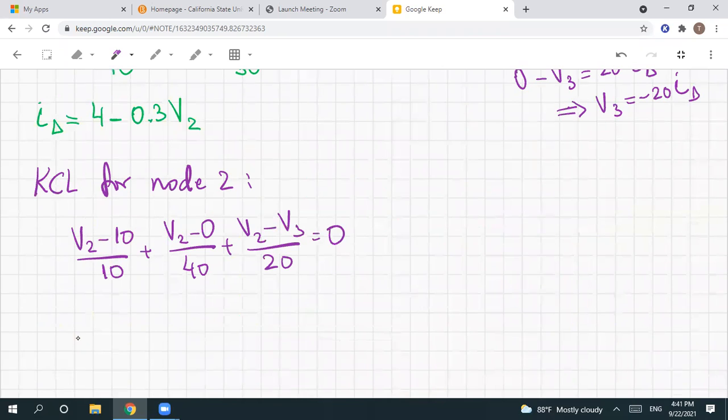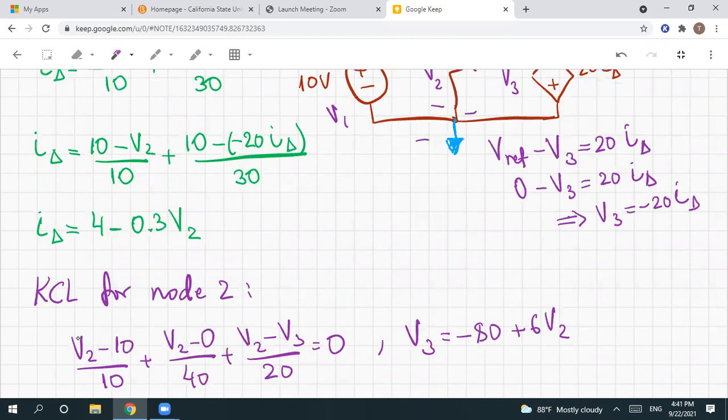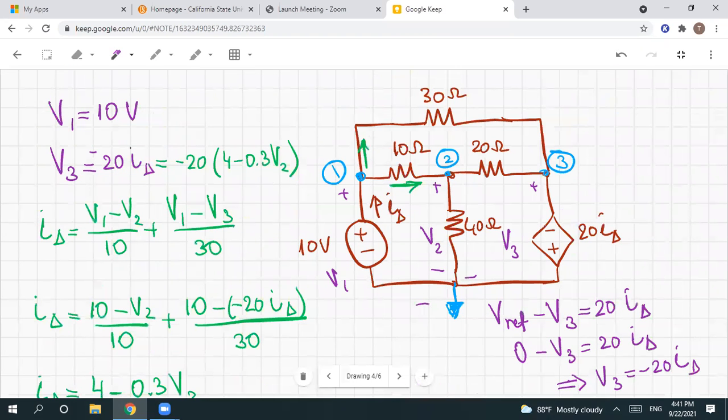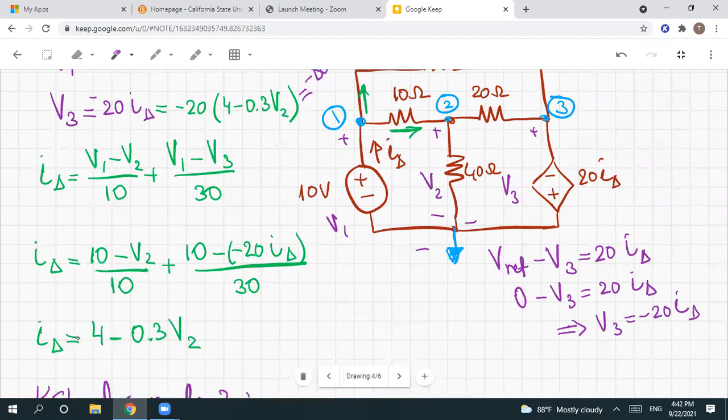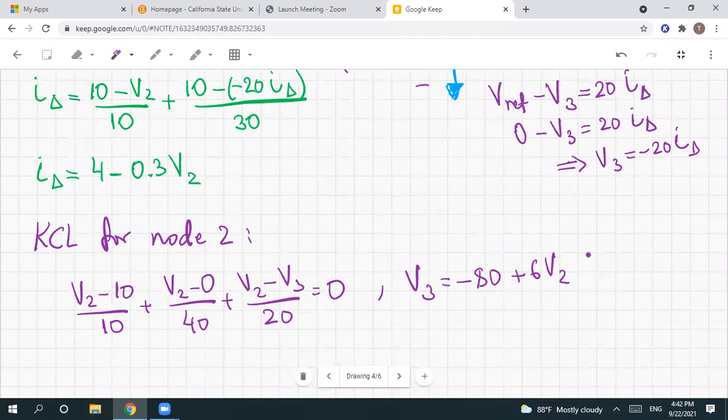And now, knowing that V3 is equal to negative 80 plus 6 V2 from here, if I plug this formula in place of V3, I will have only one equation in terms of V2.